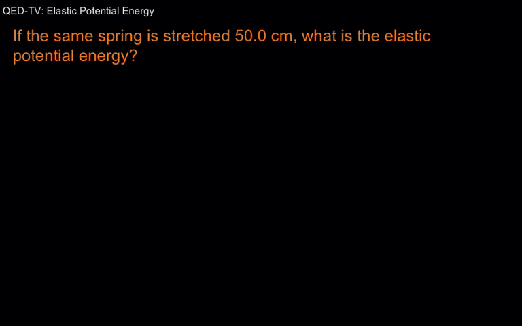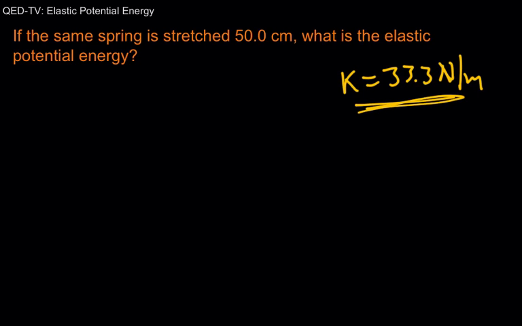So I'm going to write down my K value. If you remember, my K for this spring was 33.3 Newtons per meter. If the same spring is used, which means I'm going to have this exact same K value, and we stretch it 50 centimeters, what is the elastic potential energy? So elastic potential energy equals 1/2 K D squared.